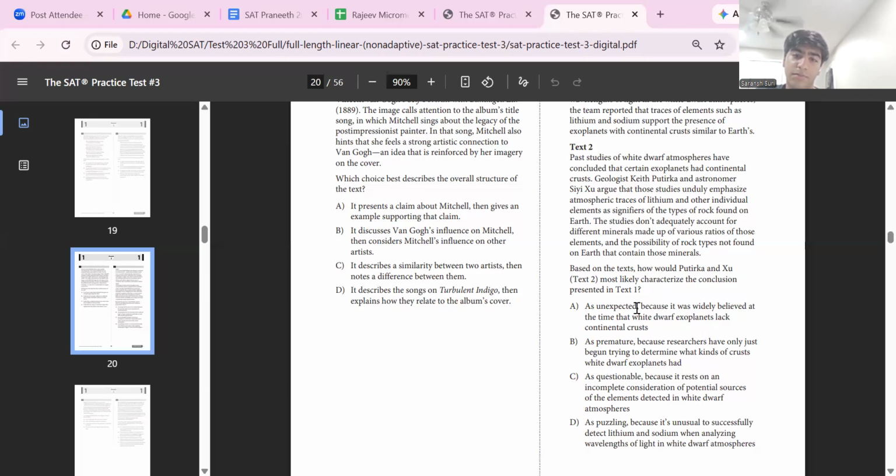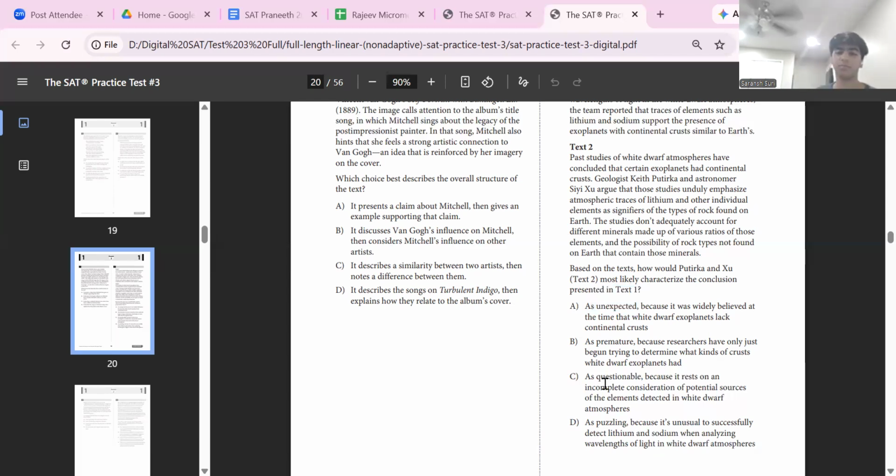Yeah, but the point is, you can just read the first two words: unexpected, premature, questionable, and puzzling. So you don't have to read the whole story. Yeah, that will save a lot of time. You can figure out some clues with regard to just the first two words, isn't it?